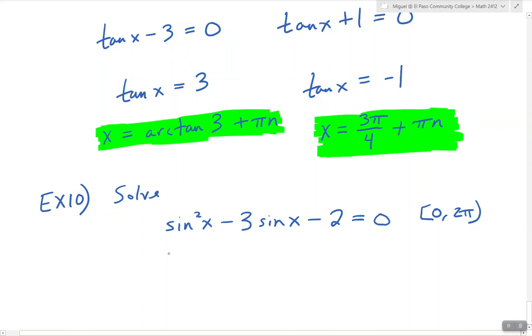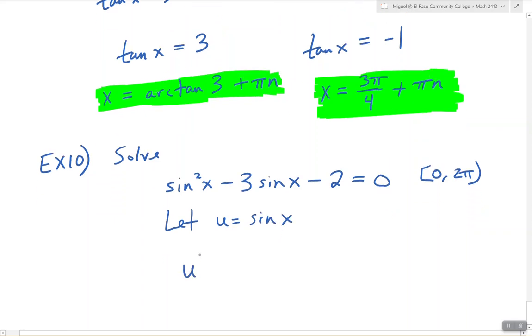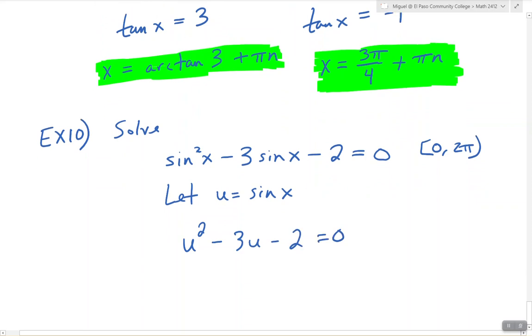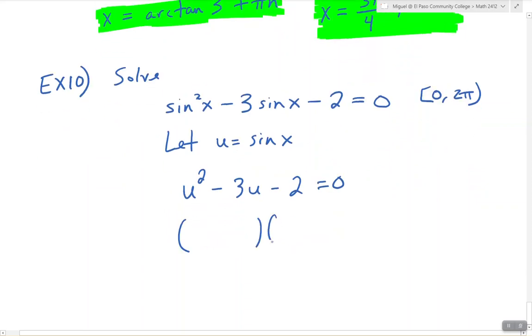If we try the u substitution first, just to see if we can factor it, this would be u squared minus 3u minus 2. So you would probably check this first: u, 2, 1.